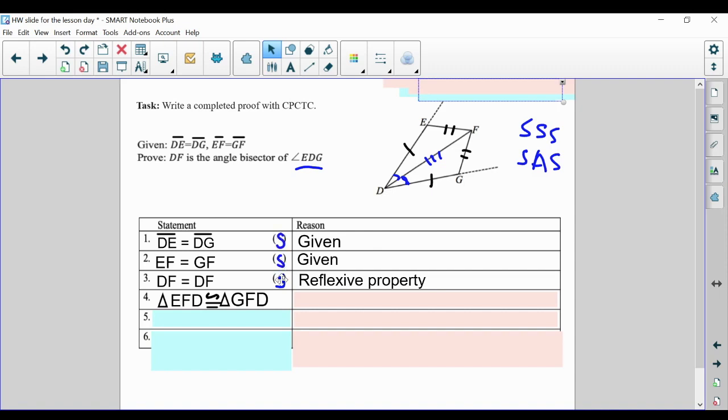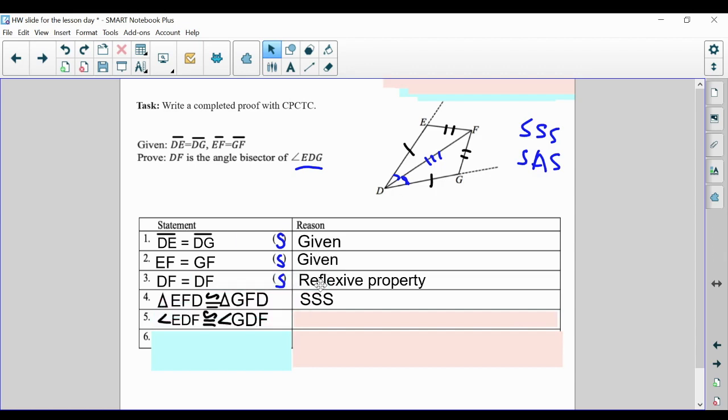We're just reading here, side. If you want to read the picture, that's even better. The two sides are congruent. DE is congruent with DG, and EF is congruent with GF, and DF is congruent with DF. So it's side, side, side. So why do we have to prove those two triangles are congruent? In order to say that those two angles are congruent. So now we can say that angle EDF is congruent with angle GDF.